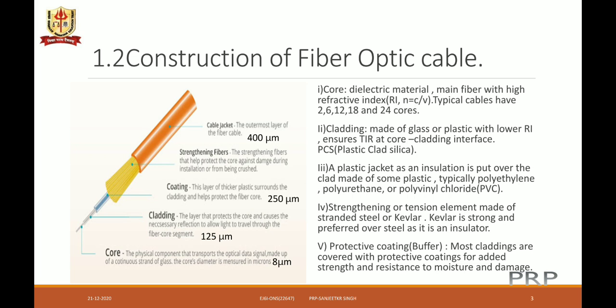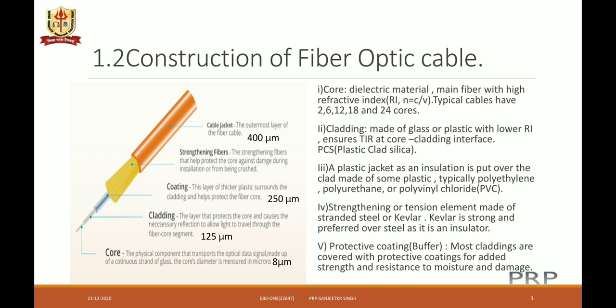So the fibers are mostly made of core and cladding, and the material used for core and cladding is most of the time glass with different doping level to attain the required refractive index.